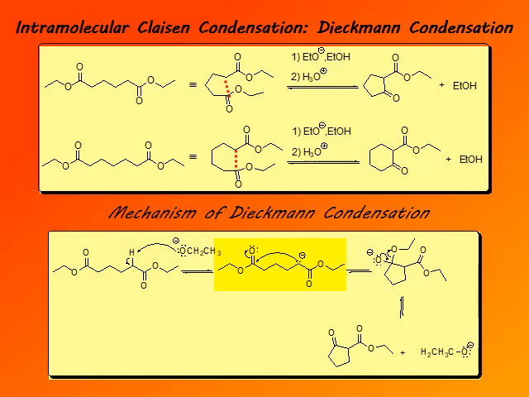That anion adds to the carbonyl carbon of the other carbonyl group. That results in formation of a tetrahedral intermediate. The tetrahedral intermediate reforms the carbon-oxygen double bond, and that's accompanied by leaving of the leaving group, the ethoxy group, and that results in formation of the final product, and that's a cyclic beta-keto ester.